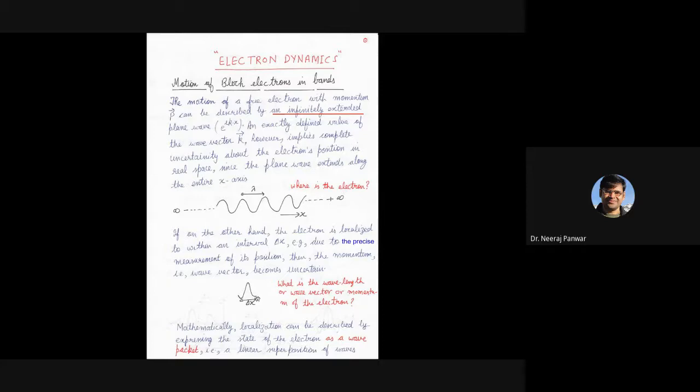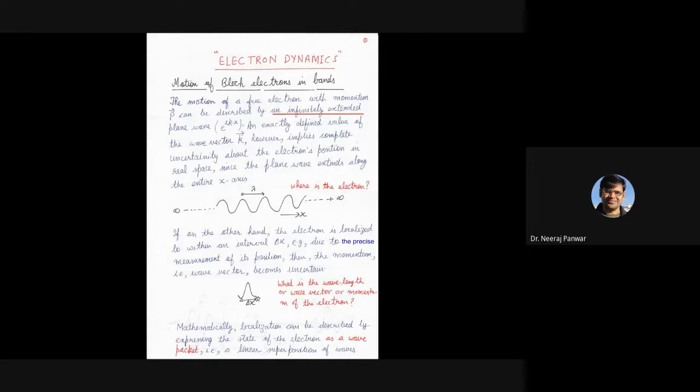That theory said that the electron behaves with a duality: it behaves as a particle as well as a wave. But then a problem arises: if the electron is behaving as a wave, that wave extends from minus infinity to plus infinity, so that will give rise to uncertainty in the position of the electron.